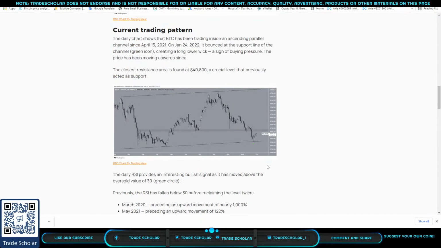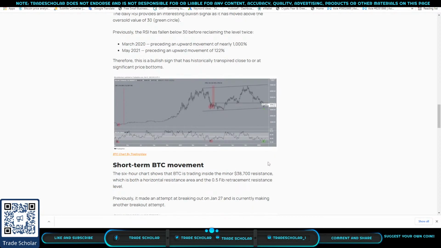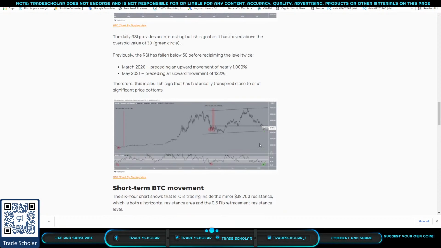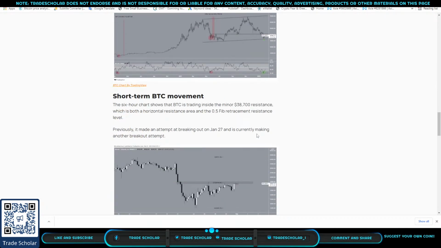March 2020 preceded an upward move of nearly 1000%. May 2021 preceded an upward movement of 121%. So this is the one being talked about here. Right now we are also making the same RSI movement in our February. Wow, that's interesting.